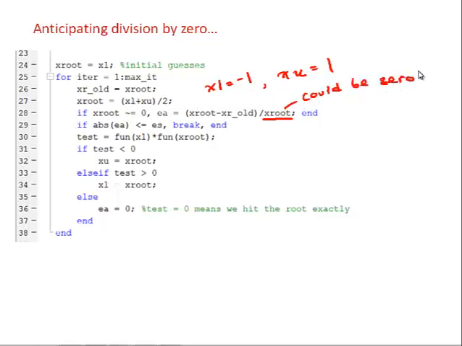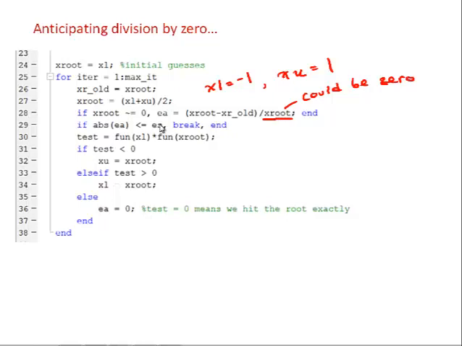And what we'll do in that case is, we know it's unlikely we'd be using the bisection method for a problem where the root actually is 0, because that would probably be something that we could solve analytically, or that it would just be obvious. So in the case that it's equal to 0, we will just skip that error calculation and move on to the next iteration.